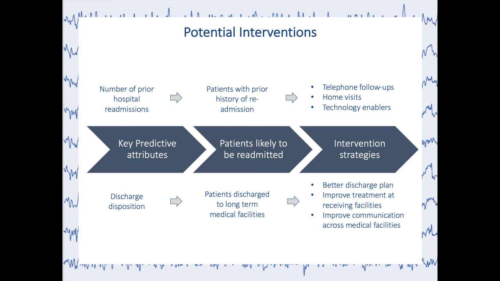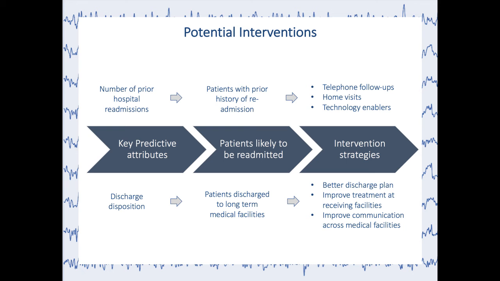Telephone follow-ups can substantially reduce the risk of readmission to ensure that patients do not encounter any problems or issues with carrying out their discharge plans. We can carry out home visits with medical volunteers, or we can use technological enablers, such as smartphone applications, to encourage adherence to discharge plans.